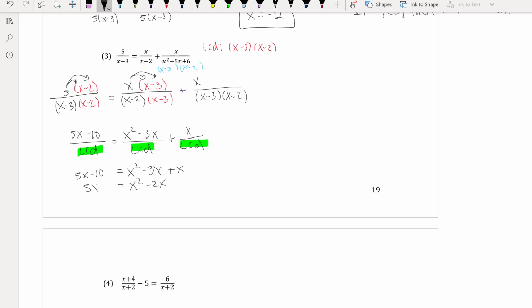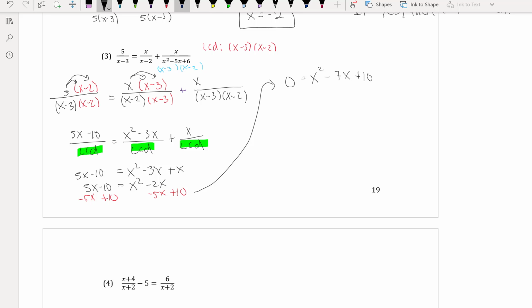And I have this 5x minus 10. So that tells me I'm going to subtract 5x from both sides and add 10 to both sides. So I'm going to have 0 is equal to x squared minus 7x plus 10.